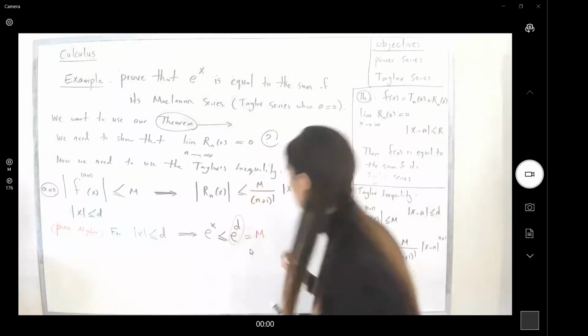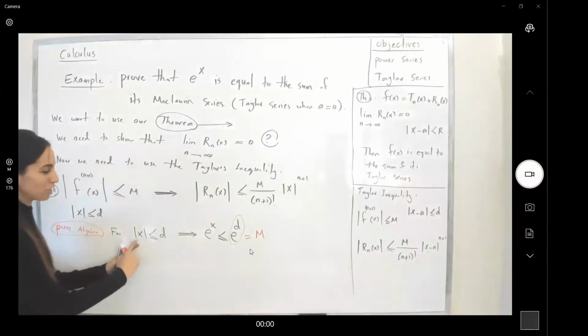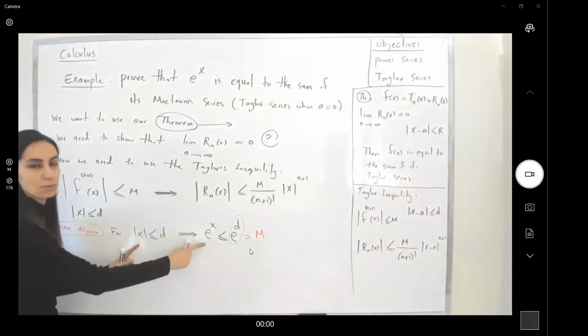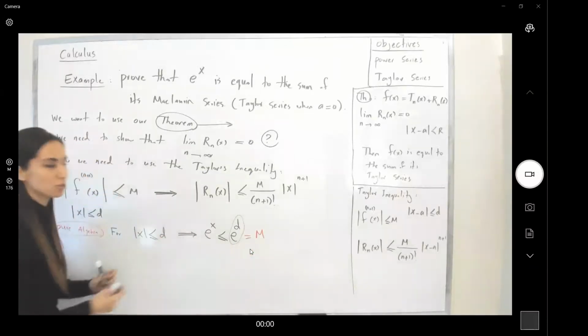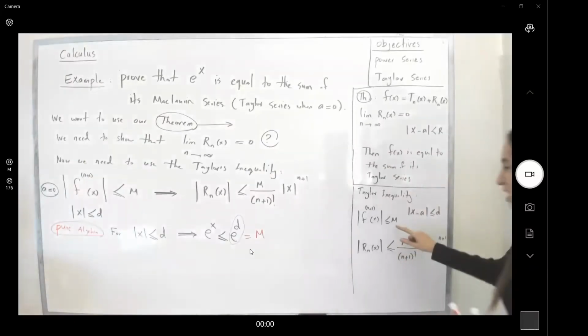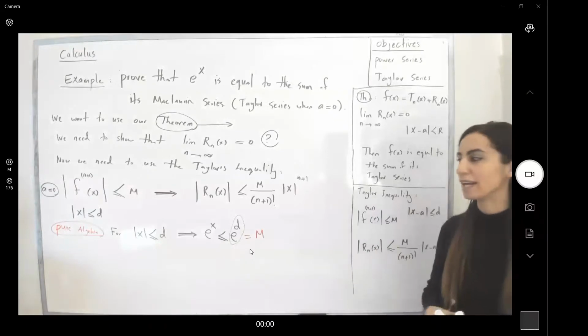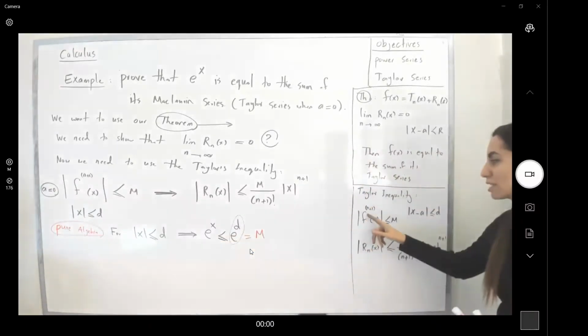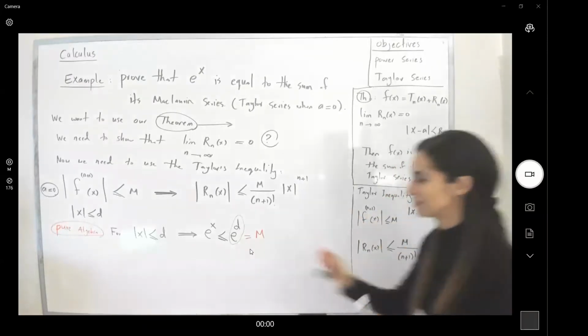So if your x is bounded between two numbers, the exponential function with base greater than 1 is less than or equal to a constant. Very well. I found my M. Why is that? Since the derivatives of e to the x are all equal to e to the x, it means that the n plus 1 derivative of e to the x is less than or equal to the same number, M.